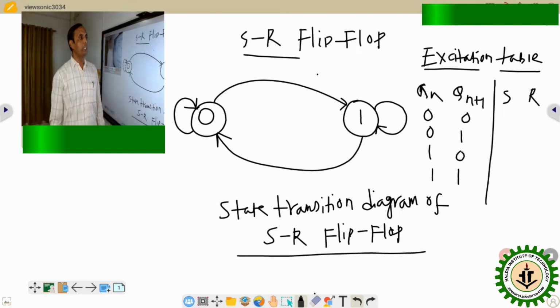Okay, Qn 0 and Qn plus 1 0. In which condition is it happening? Here I am drawing another one, from that it is understood.